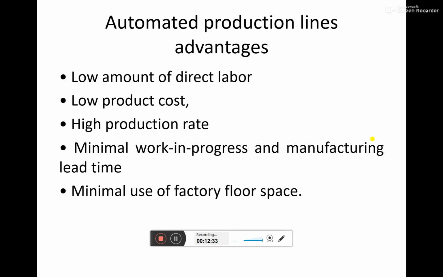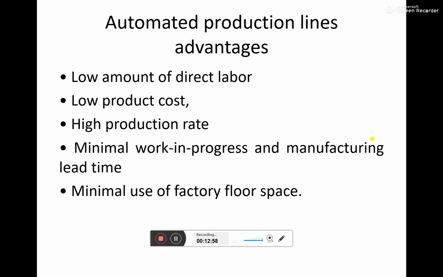In most cases, if you are manufacturing any product, only some 20 to 30% of the time is spent actually working on the product. The remaining 60 to 70% is work in progress.